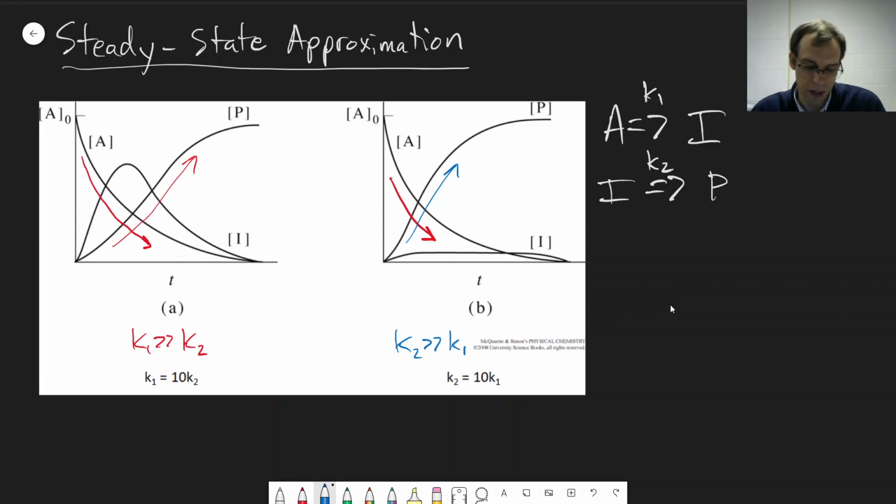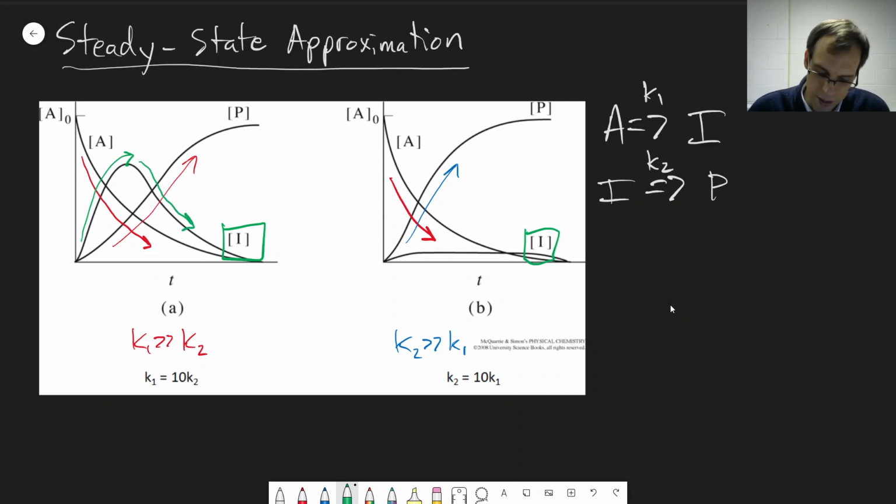The other important thing here, though, is to look at the intermediate, what happens to its concentration in these two scenarios. So the concentration of the intermediate on the left-hand side rapidly increases, because K1 is the fast step, we get a lot of intermediate very quickly, and then as the second step catches up, the intermediate starts to decrease.